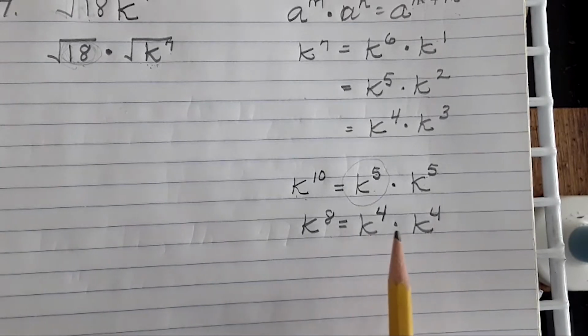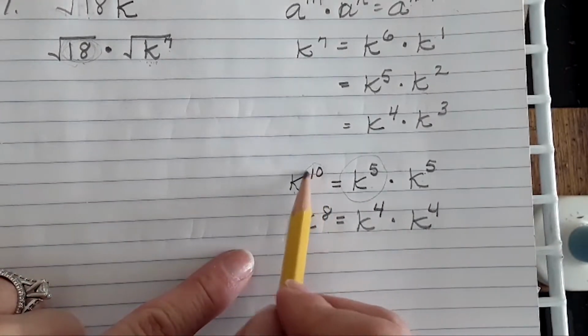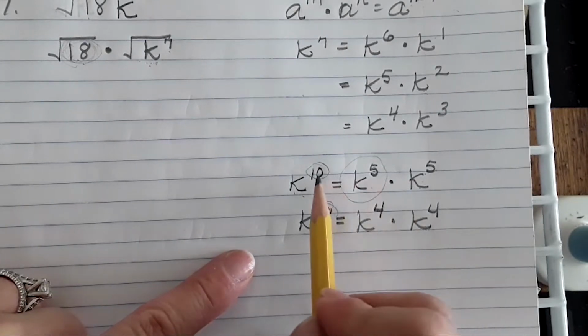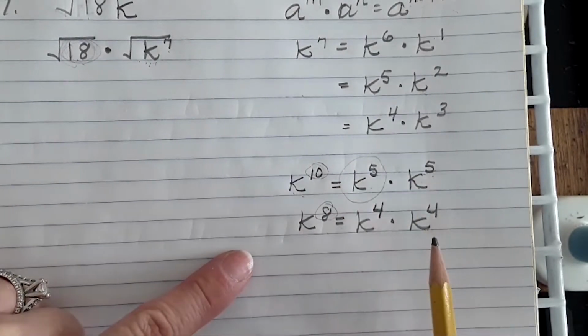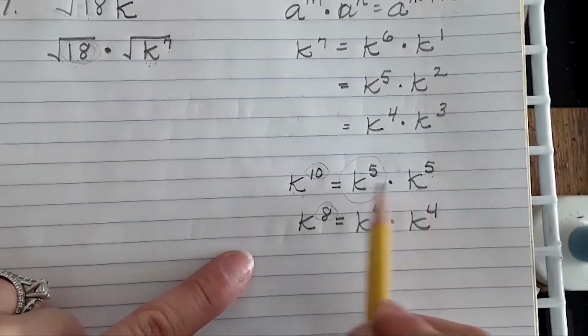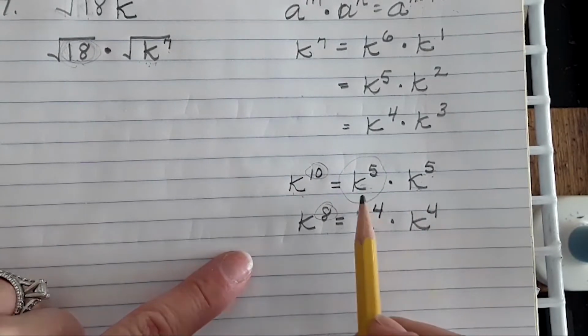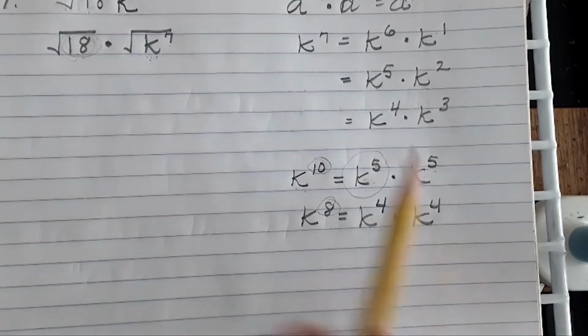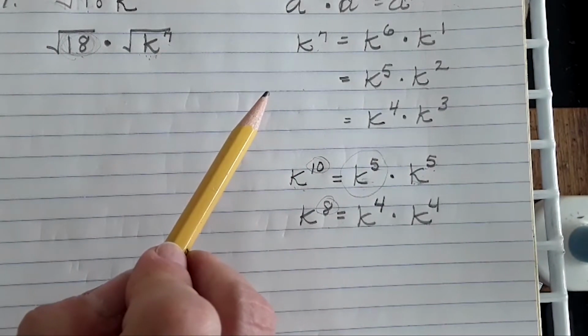So what I'm trying to point out here is anytime you have an even exponent, you're going to take half of it to see what the square root will be, because that's what you're going to multiply by itself. Well, I have an odd exponent.